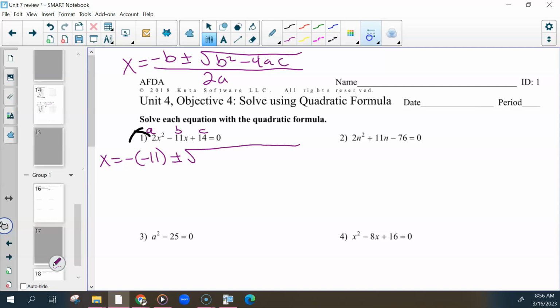Plus or minus the square root of negative 11 squared. Again, if you want to go ahead and figure out what negative 11 squared is, when you write it down, you can do that. I'm writing out everything. Minus 4 times 2 times 14. All over 2 times 2.